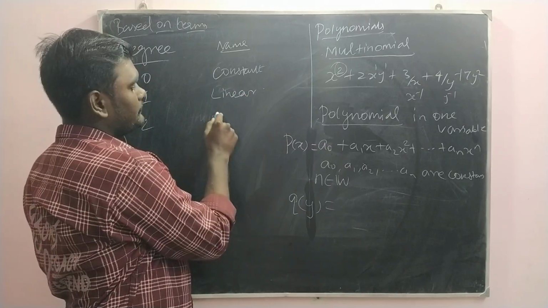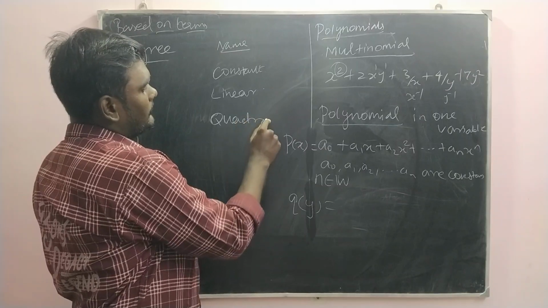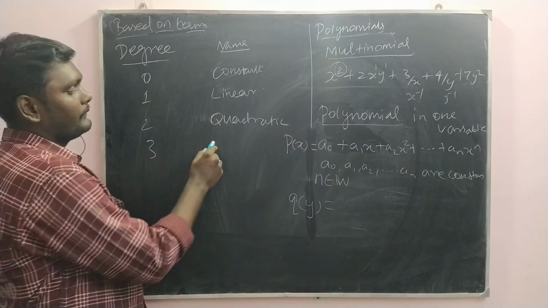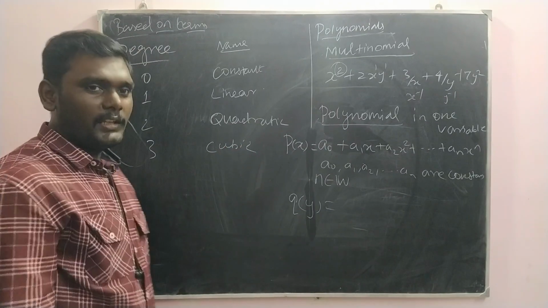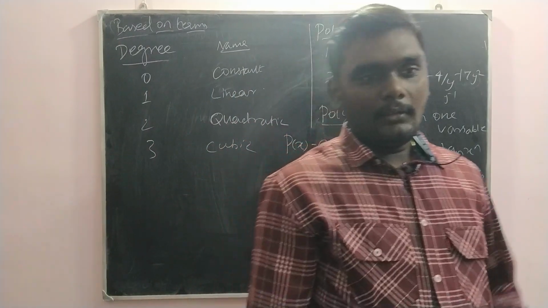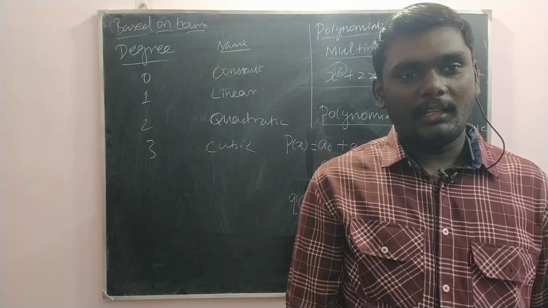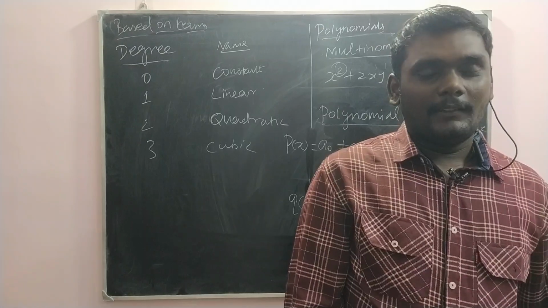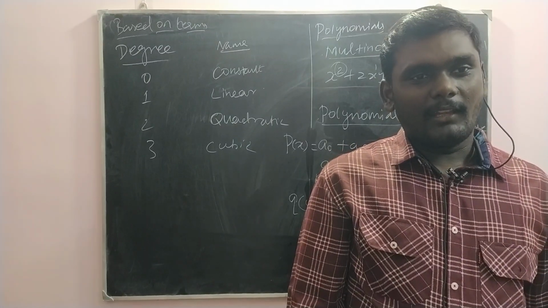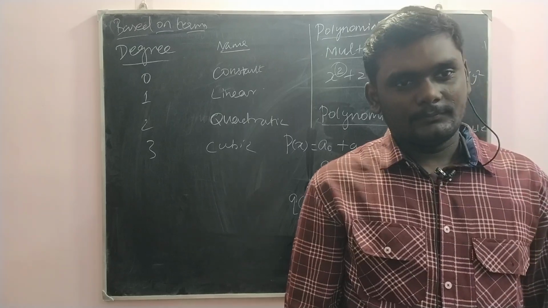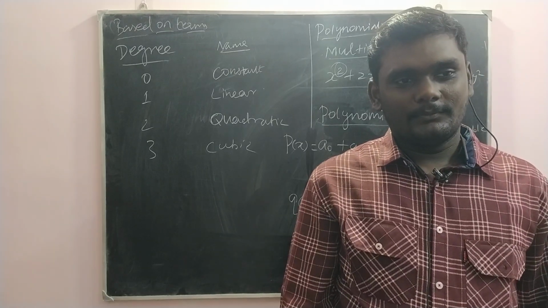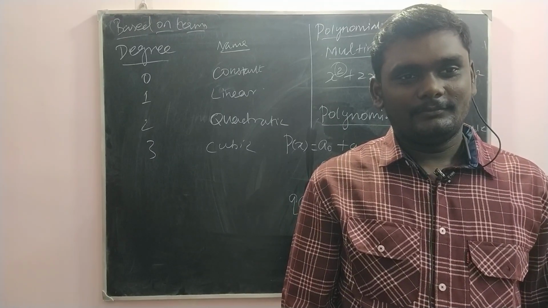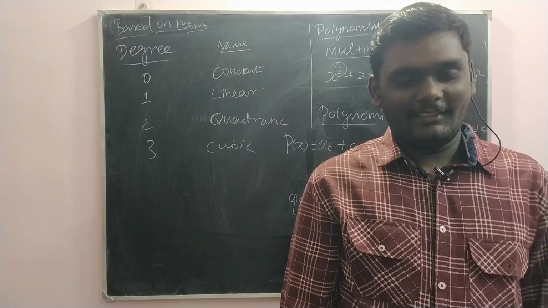When the degree is 2, it is quadratic. When the degree is 3, cubic. When the degree is 4, biquadratic. When the degree is 5, pentic. Polynomial of degree 5, or else we shall say pentic. 6 means hextic. 7 means septic, no, not hectic, heptic.